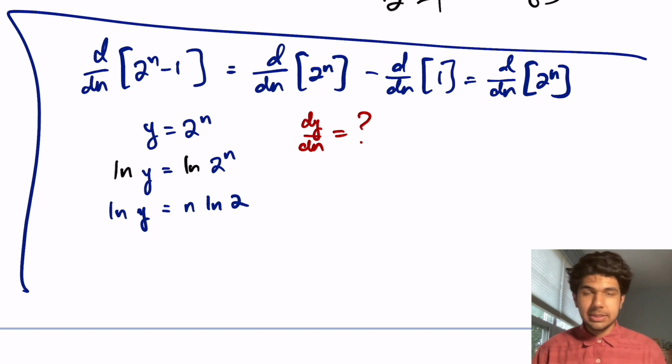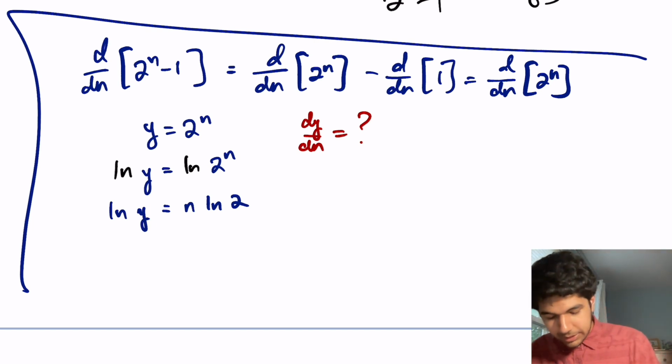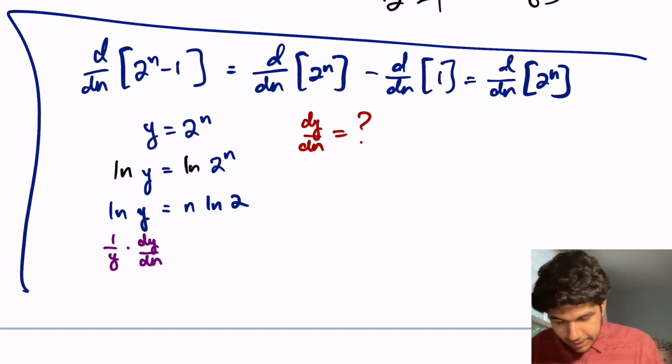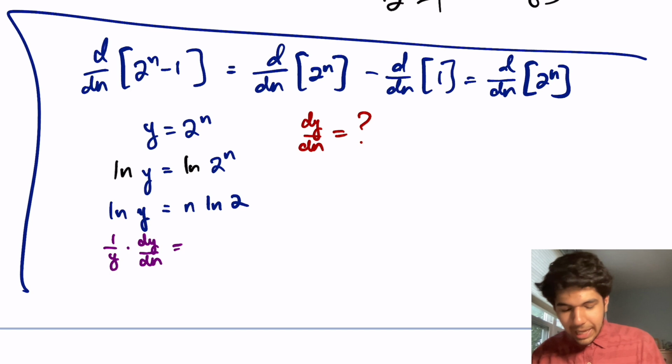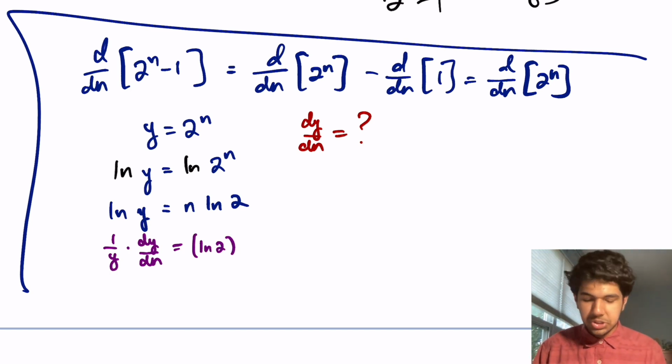Now we'll do our implicit differentiation. On the left-hand side, we'll get 1 over y times dy dn. And on the right-hand side, we can use the product rule. So n times the derivative of ln of 2. ln of 2 is just a constant, so that's going to be equal to 0. But we add to that ln of 2 times the derivative of n, which is just 1.